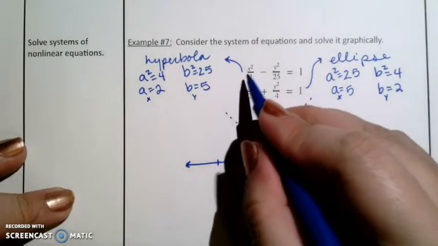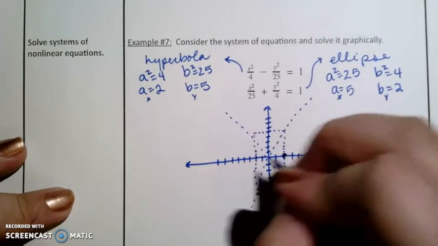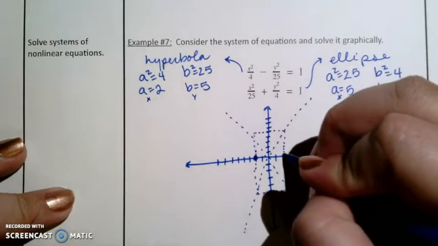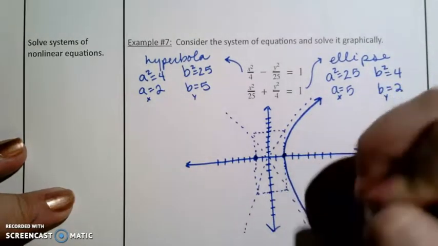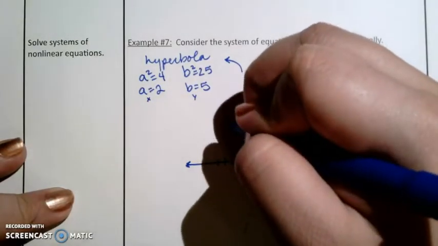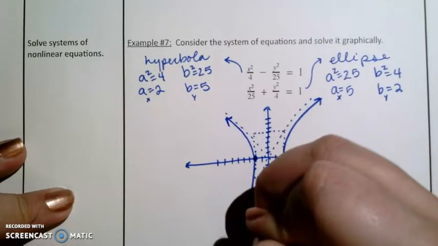Okay, now I put my vertices in and sketch both arms of the hyperbola.